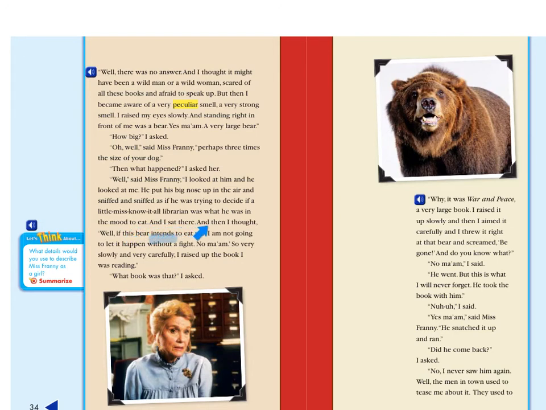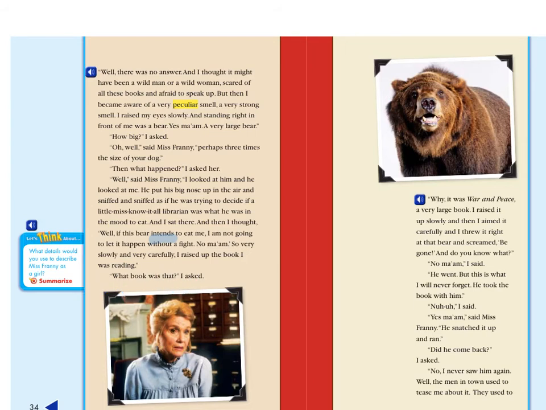And I sat there, and then I thought, well, if this bear intends to eat me, I am not going to let it happen without a fight. No, ma'am. So very slowly and very carefully I raised up the book I was reading. What book was that? I asked.